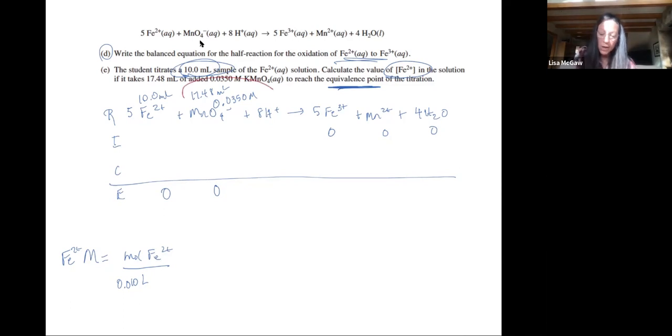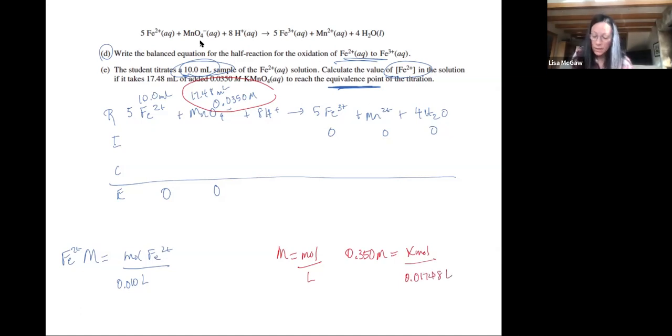To get moles, we have a volume and a concentration. So if I say molarity is equal to moles per liter, and I know that this is 0.0350 molar equal X moles over 0.01748 liters, then I can calculate, just cross multiply.